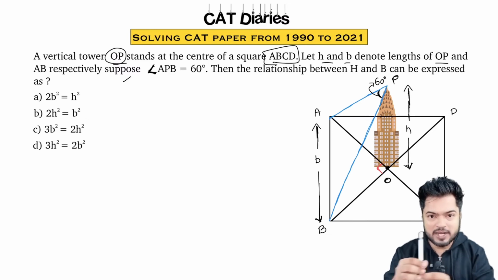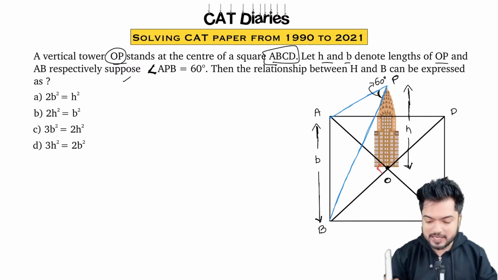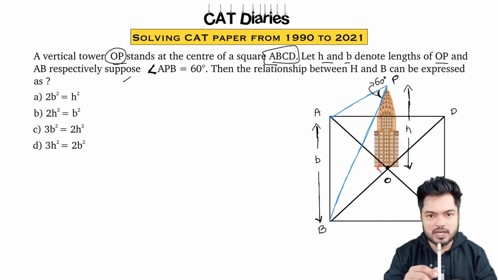If it was here and there, then it would have been a problem, but it is exactly at the center. So the length of this has to be equal to the length of this. That is quite logical.